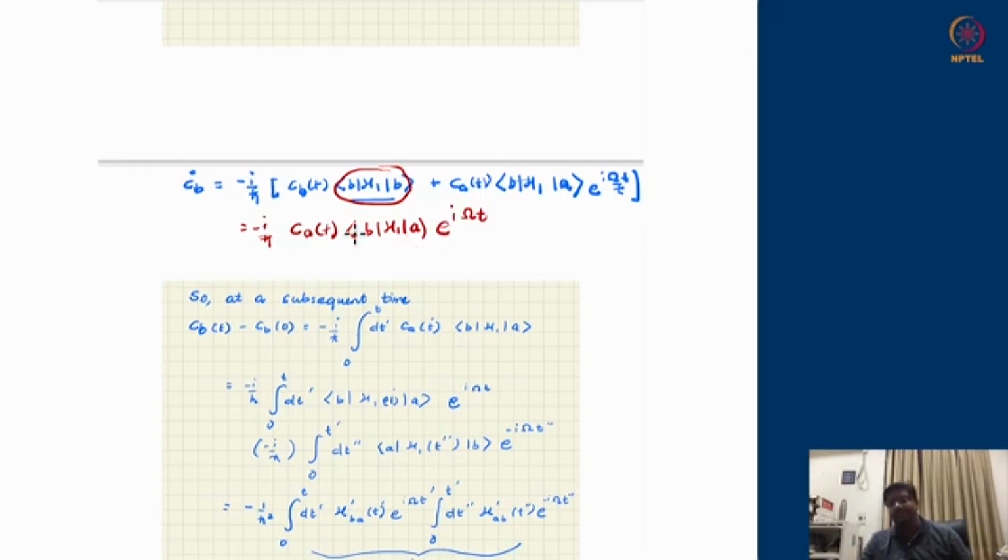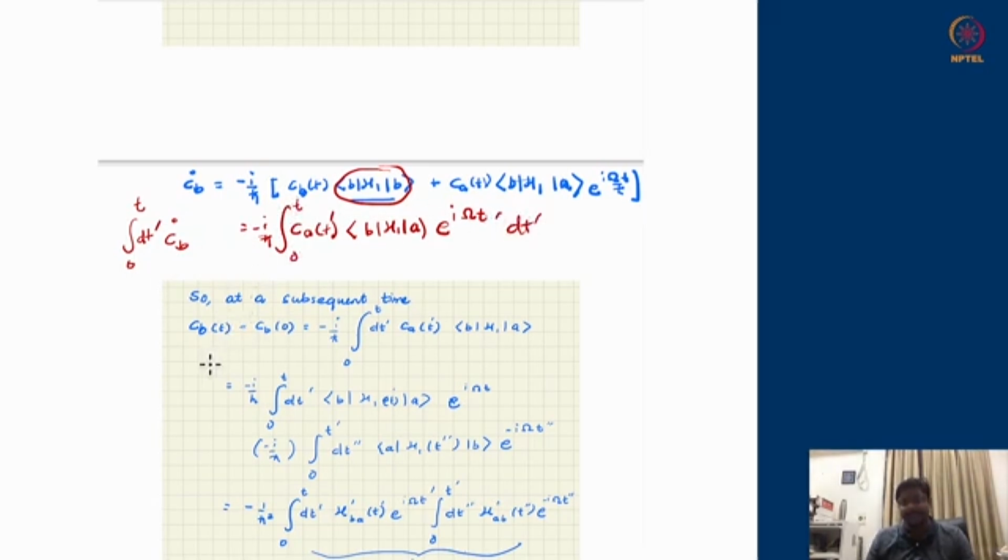This equation I have to integrate. So let us integrate on both sides. Do this dt integral from 0 to t, let us say dt prime, of Cb dot. If I do that, this whole thing will also undergo time integration from 0 to t.